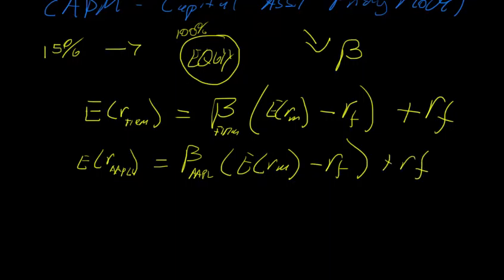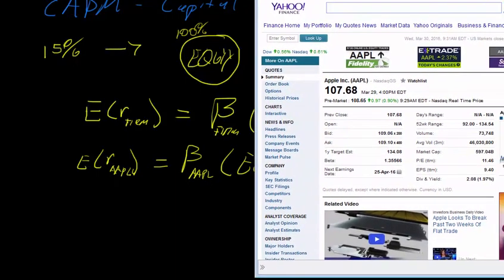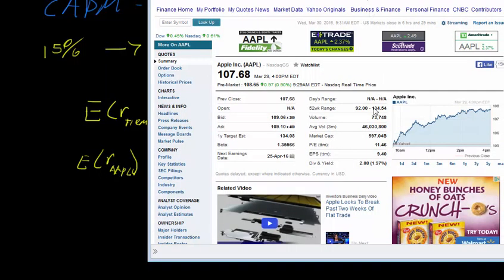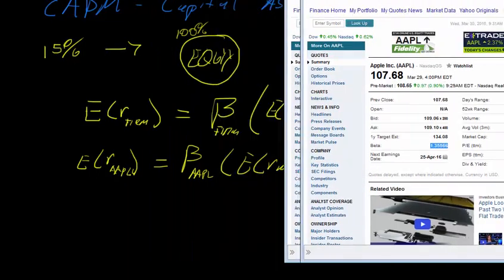Okay? And so let's start substituting in some numbers. If I look at Apple, and here's my Yahoo Finance numbers, I see that beta is 1.35. You guys get that? Here's my beta. My beta of Apple is 1.35. Okay? So I'm going to take my beta and I'm just going to plug it in.